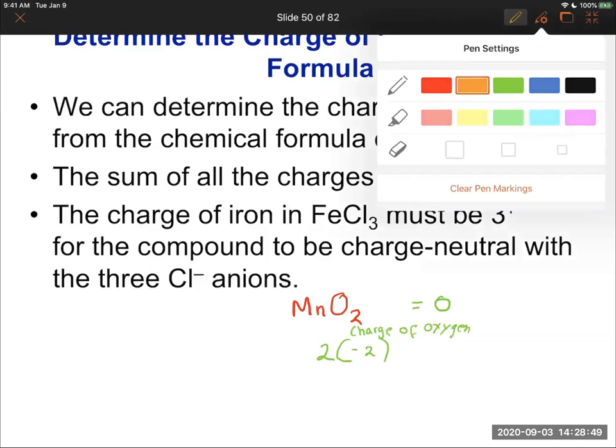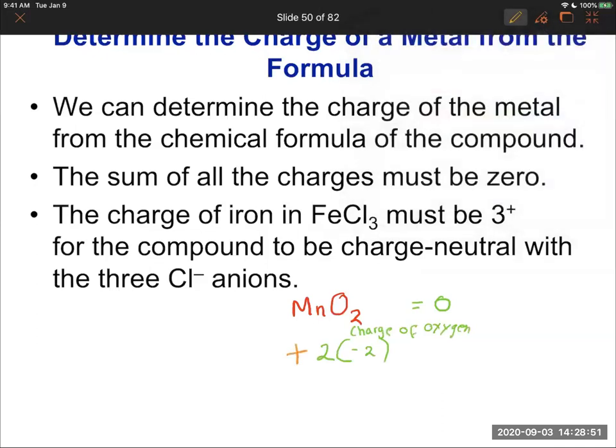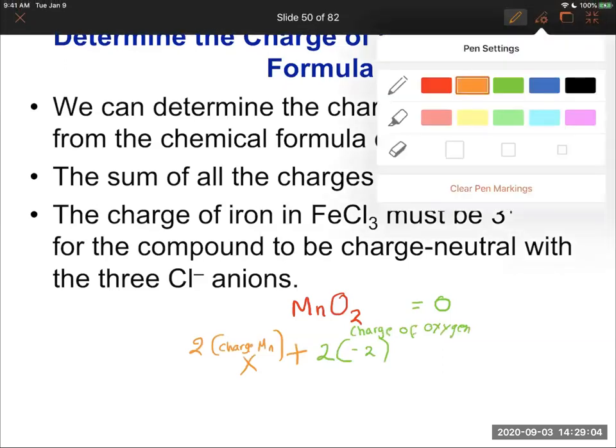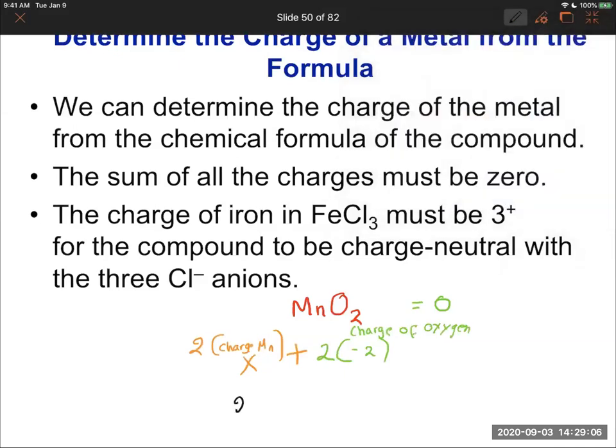Plus, how many manganese do you have? 2. What is the charge? We don't know, so let's call it X. So 2 times X is 2X, plus 2 times -2 is -4.